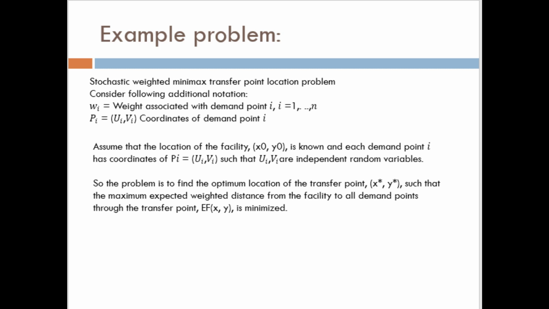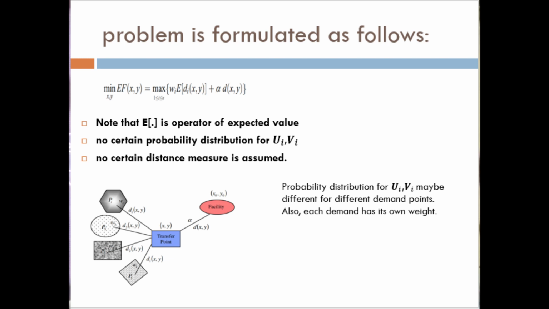Thus, the problem is formulated as follows. As you can see, that is the formulation for this problem. Note that E is the expected value operator. This is a general formulation such that no certain probability distribution for u sub i and v sub i, and no certain distance measure is assumed.